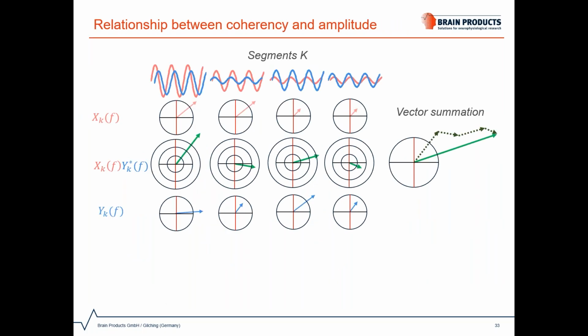So let's consider these 4 segments of artificial data. Within the segments, amplitudes are constant, but between segments, amplitudes vary. Both oscillations are synchronized, but their phase difference varies slightly. In this case, the lengths of the difference vector pointing upwards are larger than the lengths of the difference vectors that are pointing downwards.